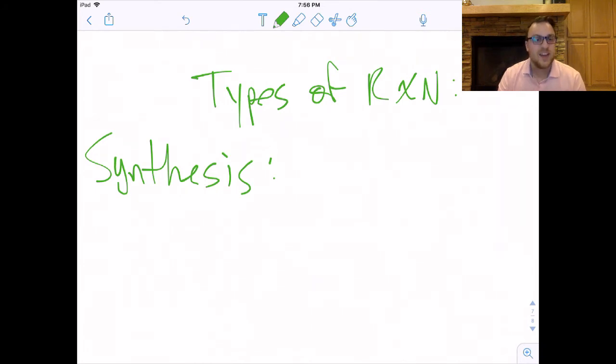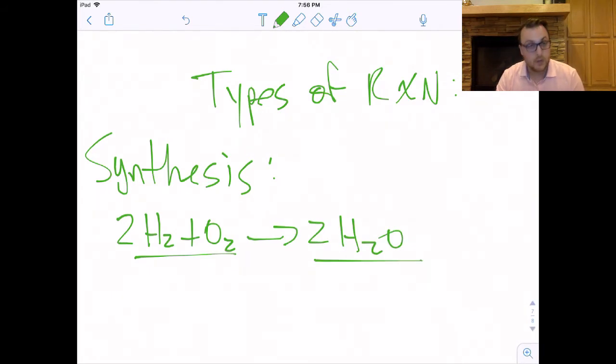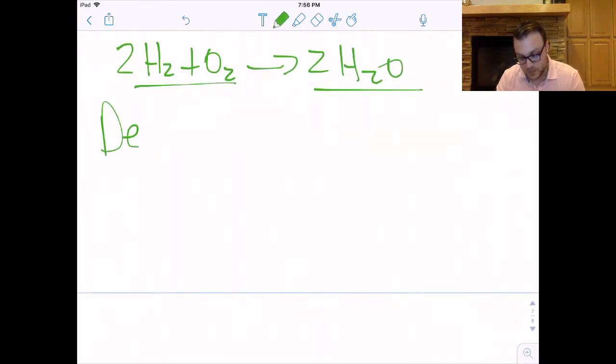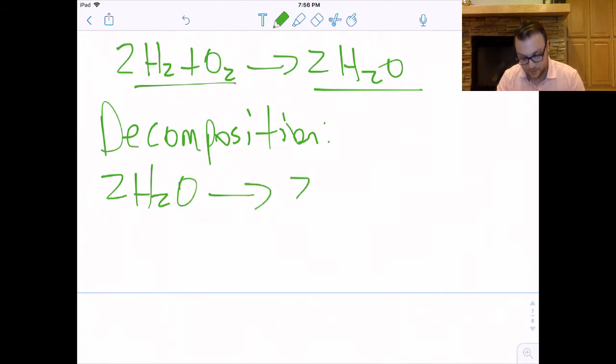So, the water reaction would be a classic example of synthesis. 2 things become one bigger thing. Decomposition. Decomposition is when you take one bigger thing and split it into 2 smaller parts. So that would be like the opposite of what you see above.